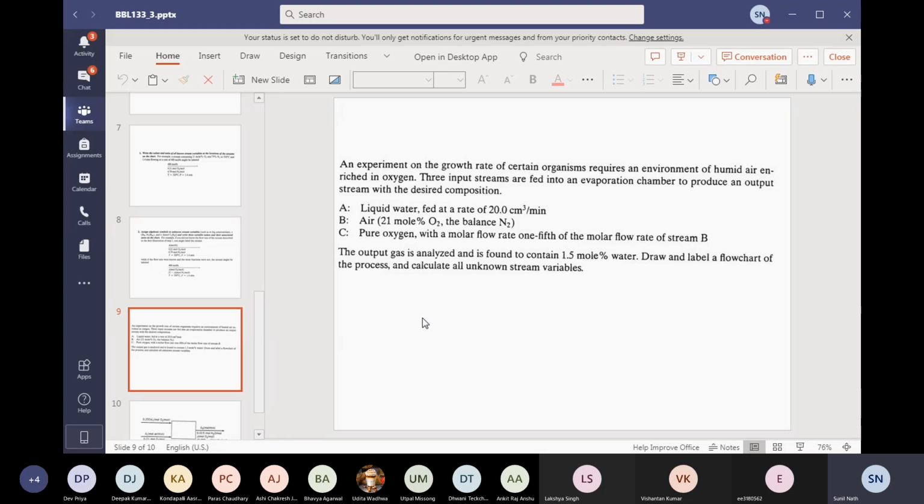Correct? 1/5 of capital Q is the moles per minute of the pure oxygen.